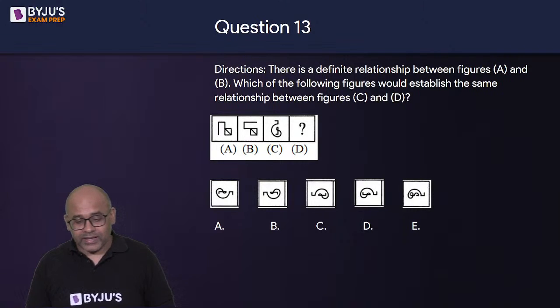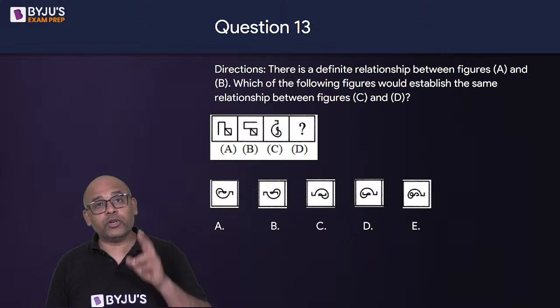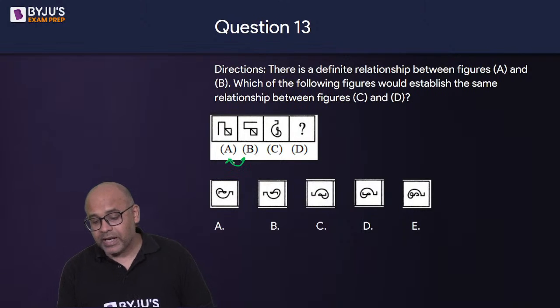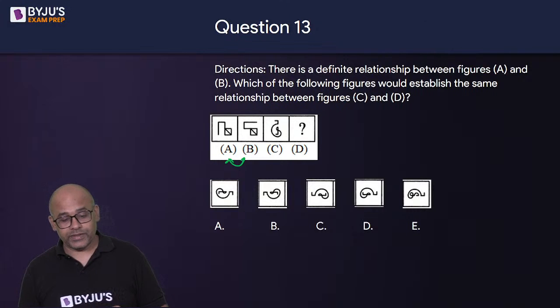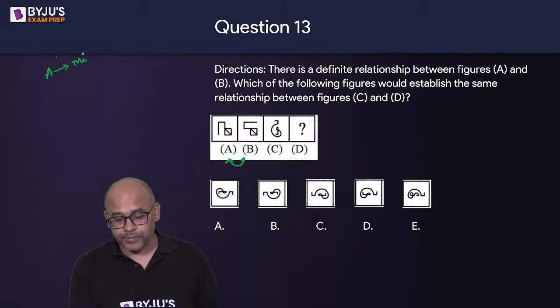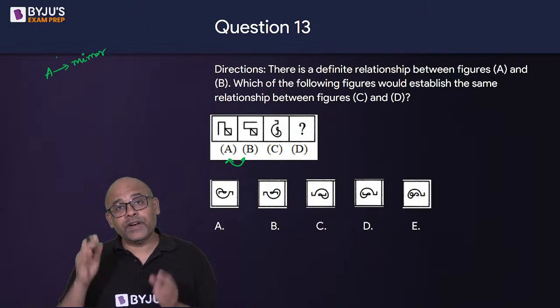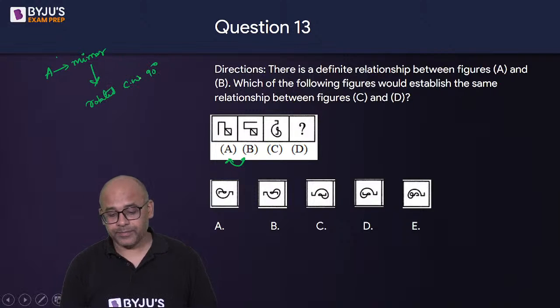Okay, so what is the answer here? So first of all, guys, what is happening? There are two things that are happening. How is A and B related? Firstly, A and B are related in two ways. So A is having a mirror image. First, it is being reflected. Then this mirror image is rotated clockwise 90 degrees.